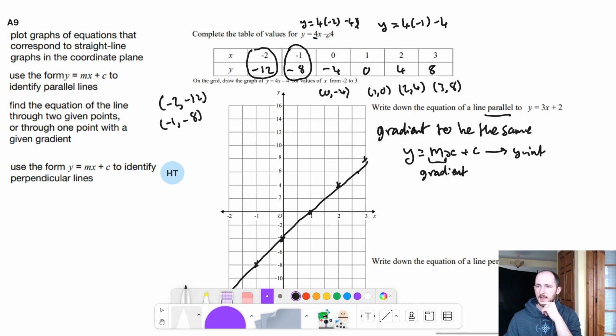So if you look here, we have -4, and if you look, my line crosses the y-axis at -4 because it's the y-intercept. To intercept someone is to cross them, right? To meet them somewhere. So, hopefully that all makes sense. If I look at this equation, the gradient is equal to 3, right?